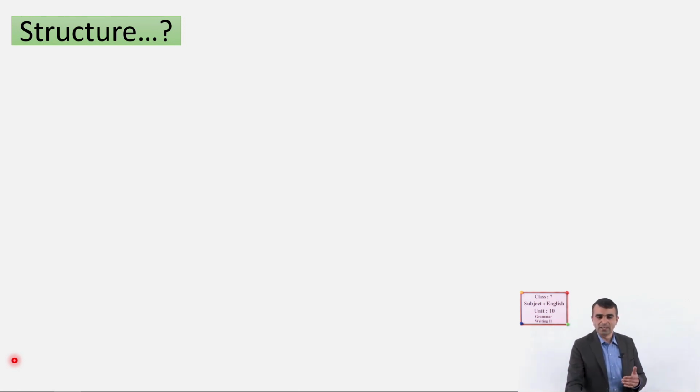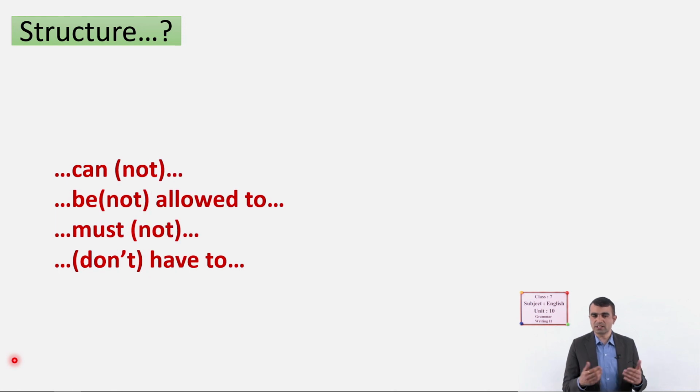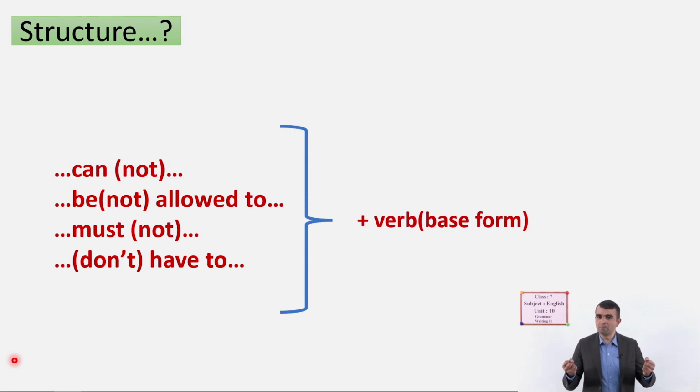These structures are used, and after that, the base form of the verb, isn't it? Very good. The base form of the verb is used. No inflection, no s or es inflection, no ing inflection.